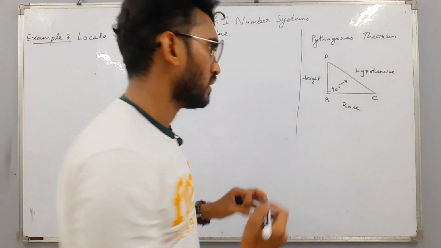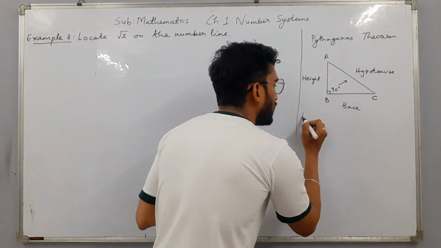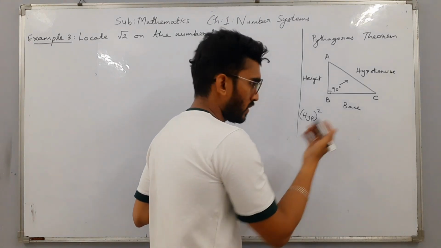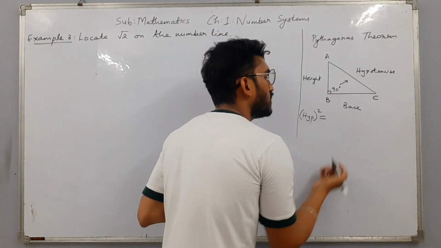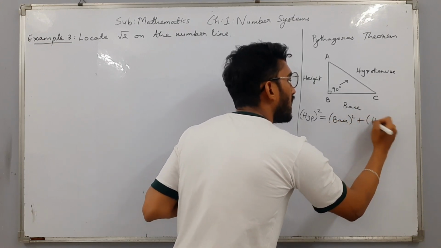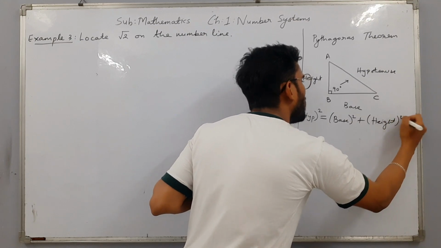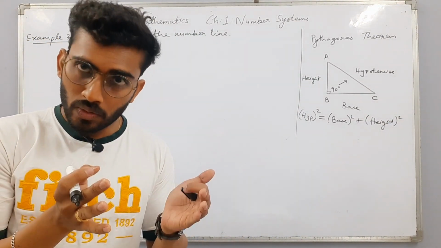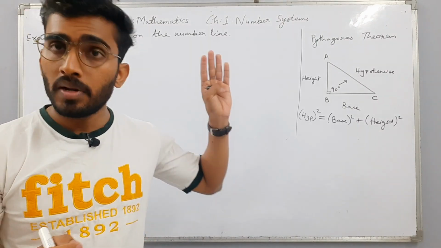The height of the triangle. And what is Pythagoras theorem? Pythagoras theorem is: the square of hypotenuse is equal to base square plus height square. Very clear, very simple. That is hypotenuse square is equal to the base square plus the height square.